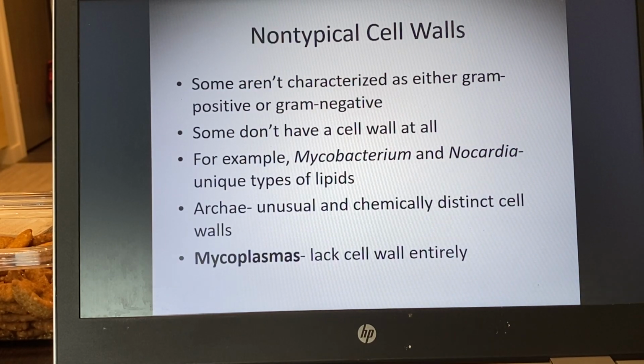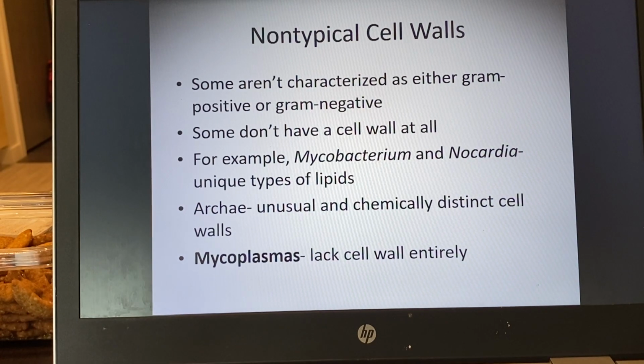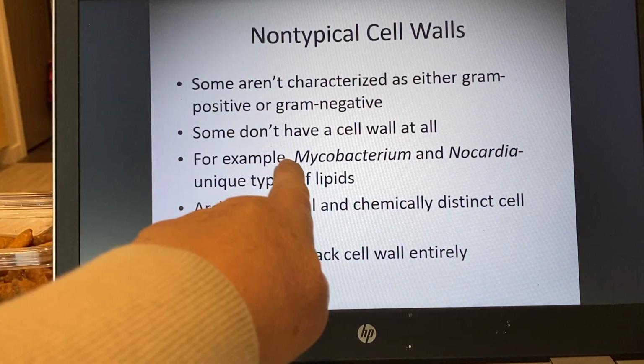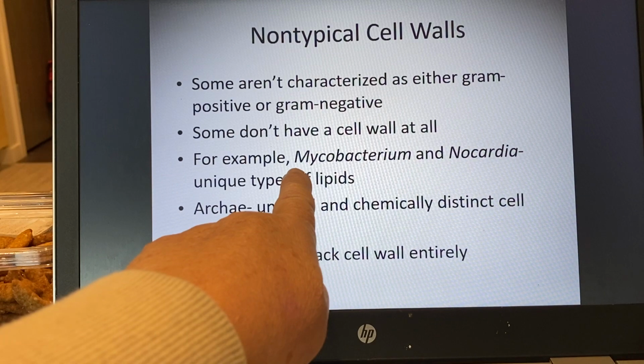Okay, so last lecture, when I talked about specifically acid-fast staining, I had talked about cell walls that weren't typical. A typical bacterial cell wall can be gram-stained. But then you have these ones that are really thick and waxy. That is Mycobacterium.